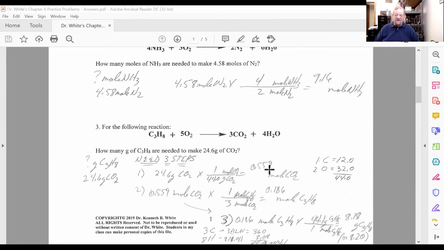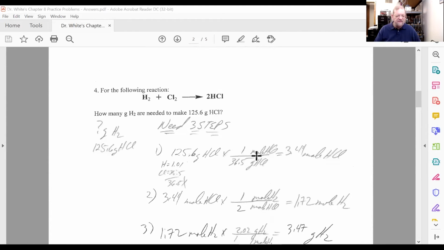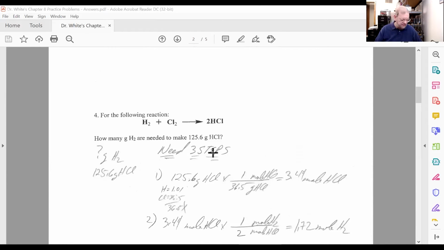And if you round off at each step, you get 8.18 grams of propane. Or if you see underneath, you round off at the end, you get 8.20. And that's how you do it.